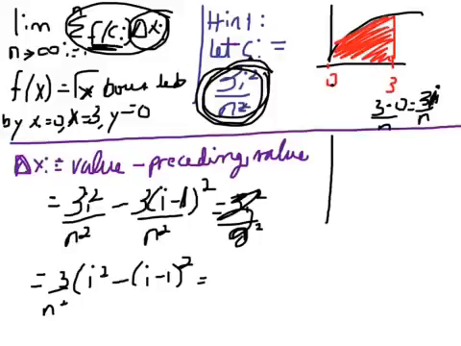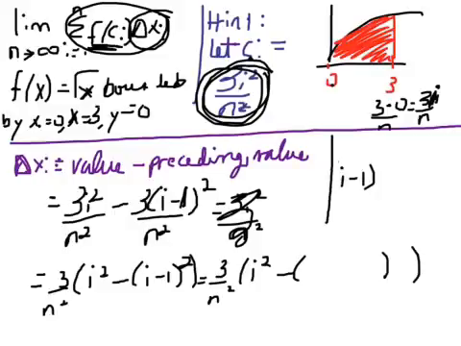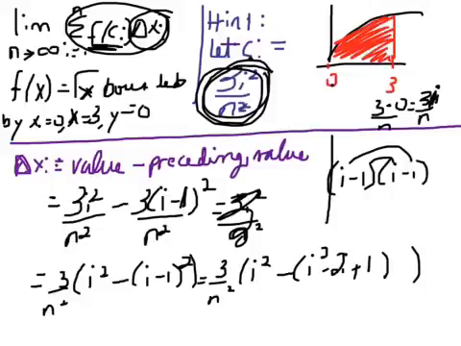So all I'm going to do is try to simplify this expression the fastest way we can think to do it. All right, so this is 3 over n squared, and then if you think about it, this is going to be i squared minus, and in parentheses, if I multiply out (i minus 1) times (i minus 1), that would be i squared minus i, minus another i would be minus 2i, and then negative 1 times negative 1 would be a positive 1.